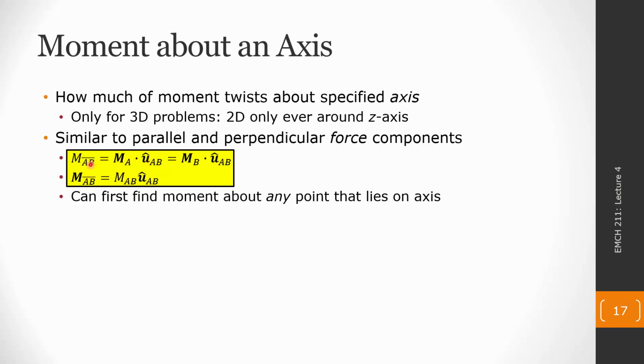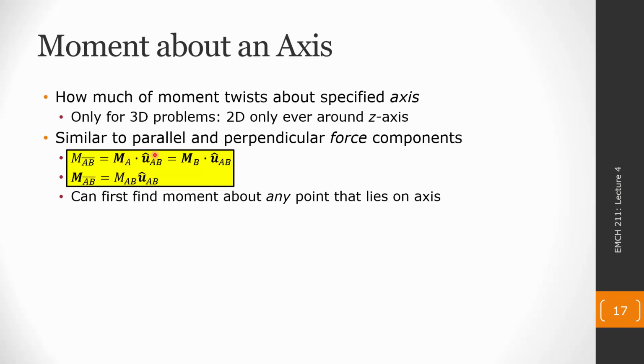Now notice here, if I'm talking about the AB axis, that is different than the BA axis. It is in the opposite direction. So if it's the AB axis, I want to use unit vector AB. If it were the BA axis, I would use the unit vector BA. So I'm going to take the moment about any one point on that axis, and that's going to give me a vector quantity. I dot it with the direction. So what have I done there?